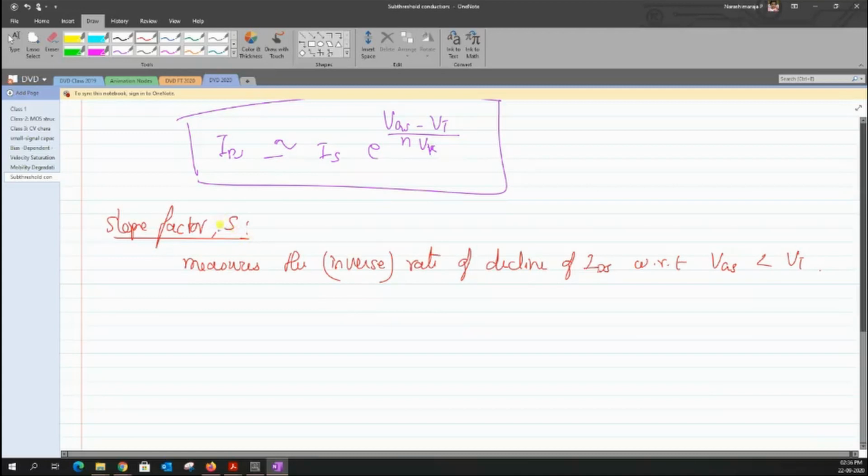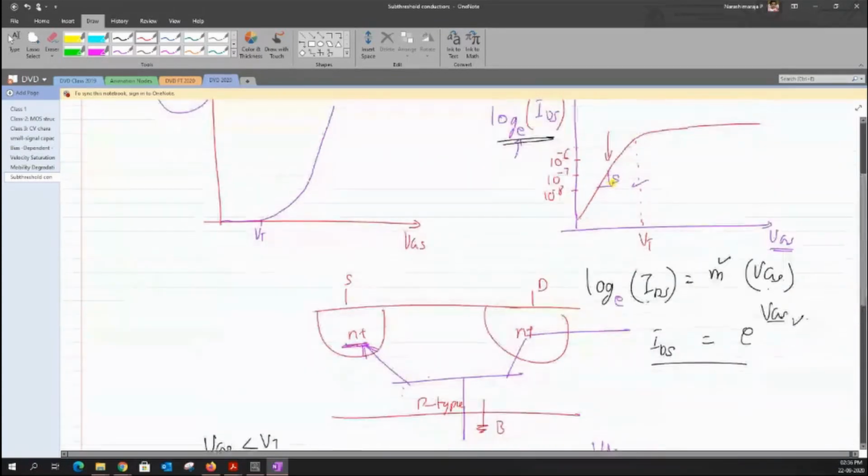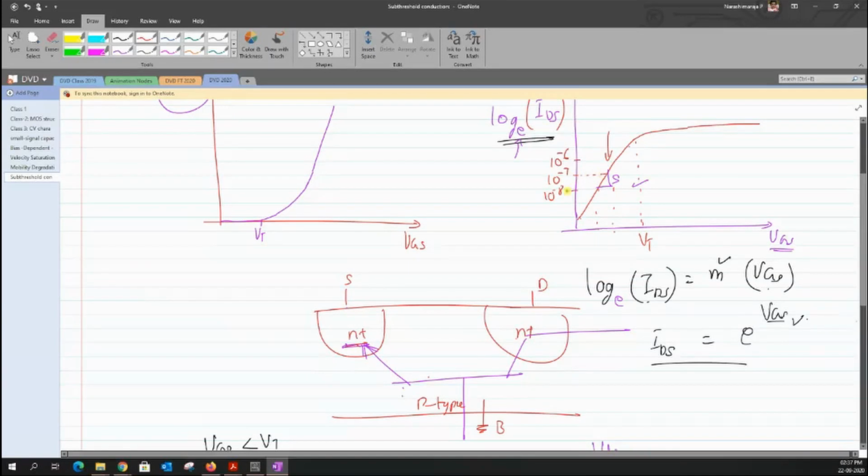So now the way that we are going to measure this particular slope factor is by reading out the slope value of this. What I'm going to do is take two different currents and the corresponding VGS values. Say for example, I'm picking one of the currents at which my IDS1 is equal to 10 to the power minus 7, and the corresponding value of VGS, let me take it as VGS1.